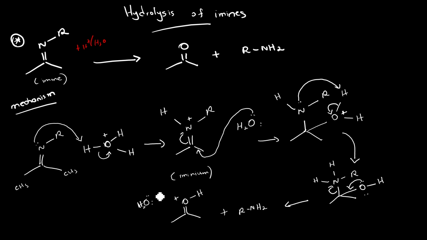So what happens is, one of those oxygens will go and attack this particular hydrogen to break this bond and form the lone pair on oxygen, and oxygen will neutralize its positive charge, resulting in our final product, the carbonyl center. So we have our final products, which are this and this.